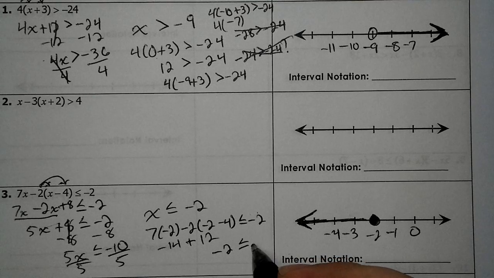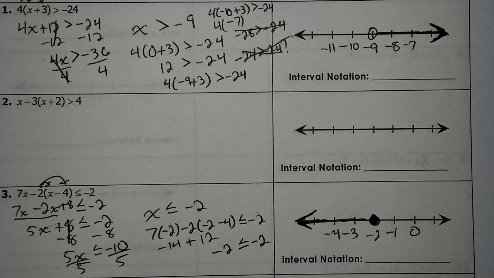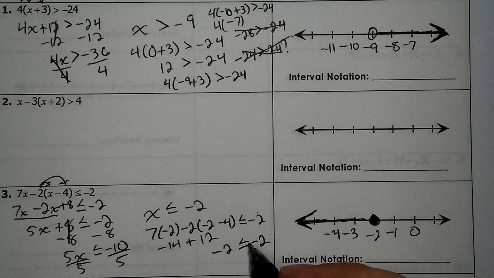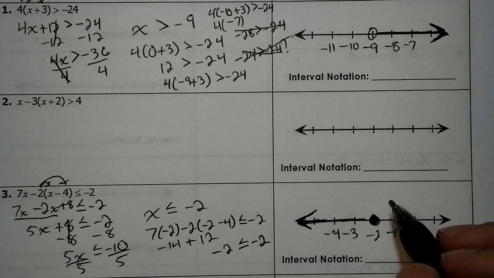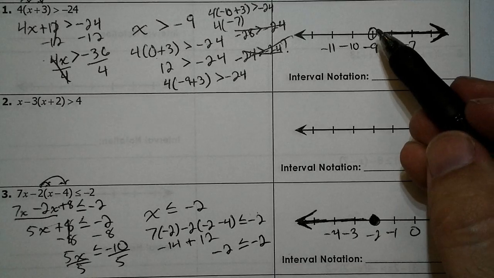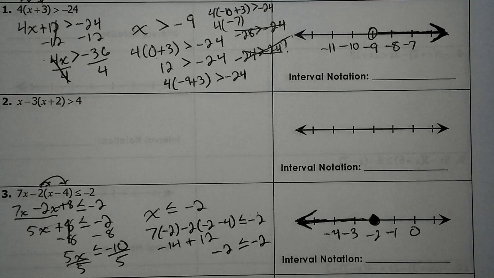Now, is negative 2 less than or equal to negative 2? Yes, because it's got that or equal to. That's why we include this bubble. That's why we don't include this bubble. I'm going to make part 2, and we'll work number 2 and number 4.